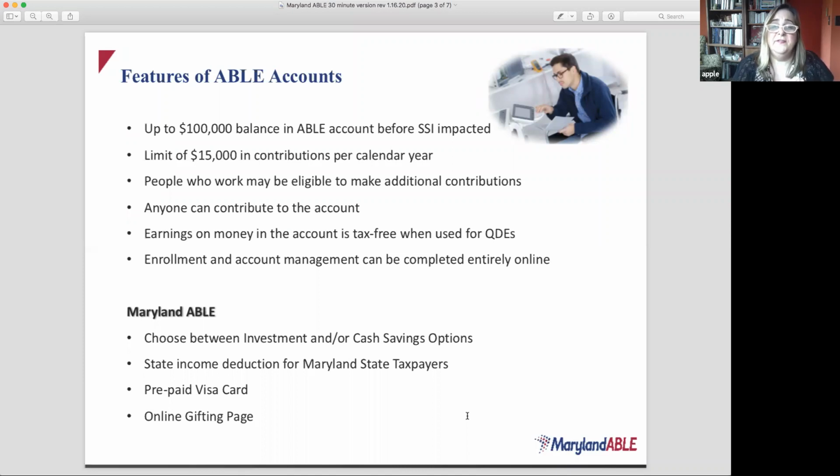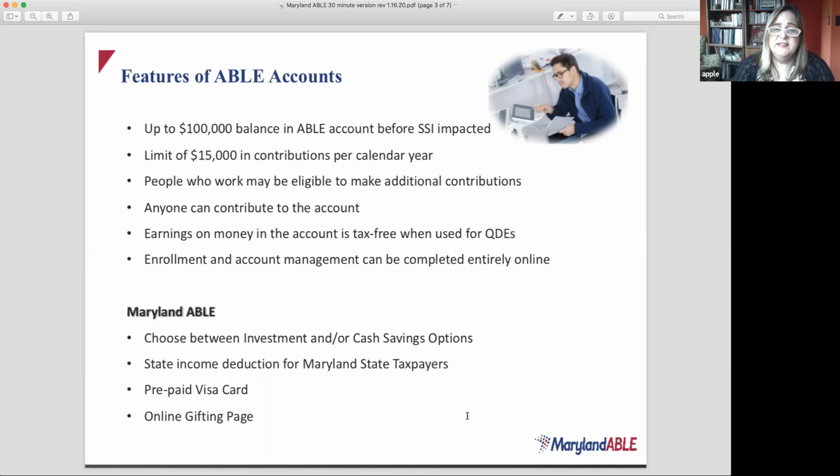So if this law changes in the IRS code, it's going to impact ABLE accounts also. I believe when I started with Maryland ABLE, this amount was $13,000 or $14,000. So it doesn't change every year, but it does change from time to time.